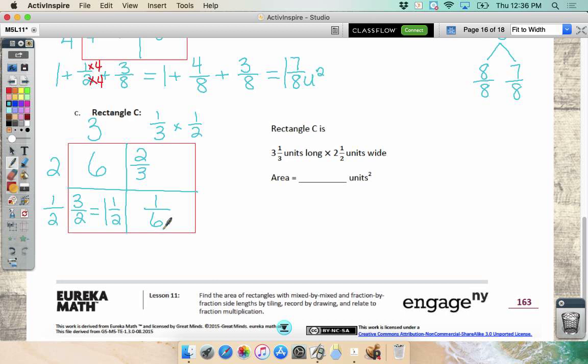Okay. So is there anything we can add in our heads before we start? We've got to add these 4 boxes together. That's the area model. What can I add in my head, Henry? 6 plus. Okay, so I'm going to add 7 to my answer. And then I'm going to add 2/3 plus 1/2 plus 1/6.